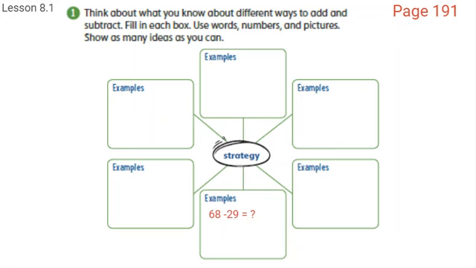I can give other examples. Let's just say I come over here and I draw a number line. Now I'd want to have an equation to go with that. Now it could be adding. So maybe let's go back here and let's say 33 plus 22. That equals something.